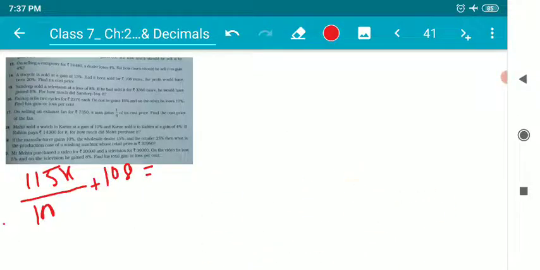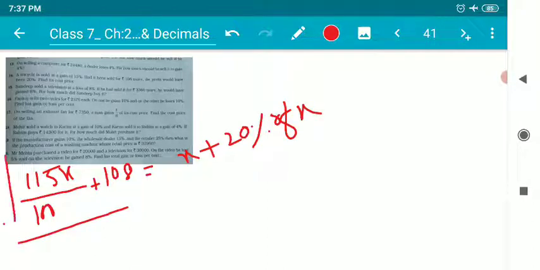So again I calculate x plus 20% of x, because if this is the selling price, then I would have gained 20%, that is x plus 20% of x.